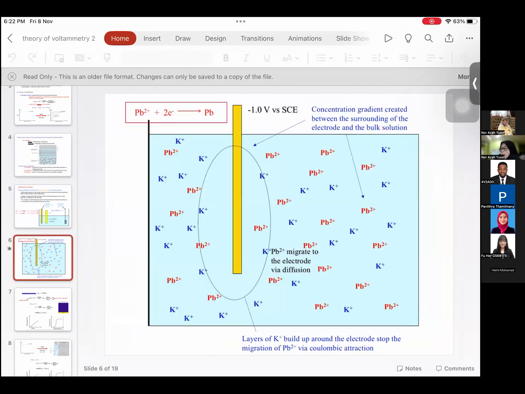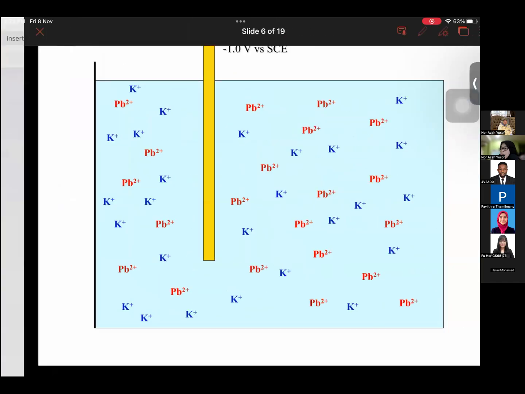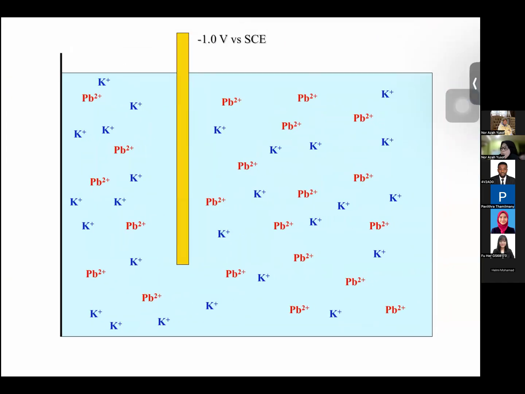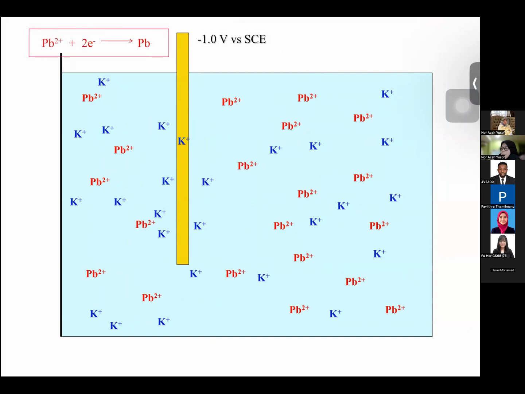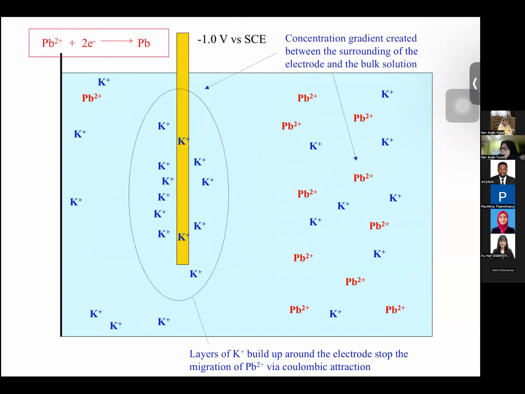Once there is a difference in terms of concentration, starting with K+, they can move. The concentration here is not just Pb2+, it is also related to K+ as well.